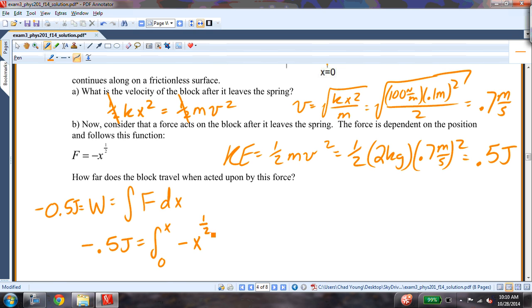Now remember, the integral of ax to the n is equal to ax to the n plus 1 over n plus 1.